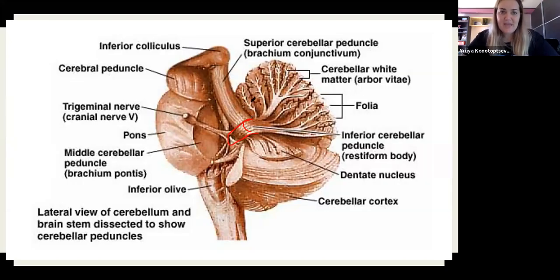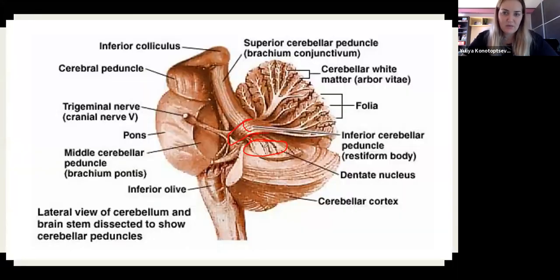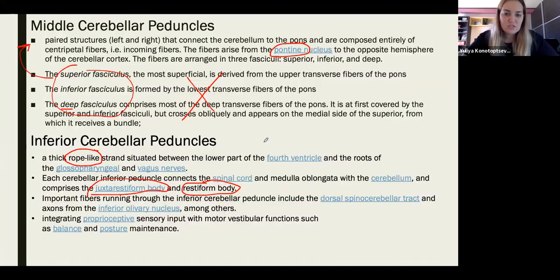Everything which is right next to it, like a nuclei of some sort, they are called juxta-restiform body. Juxta-restiform is not really important. Restiform is important.